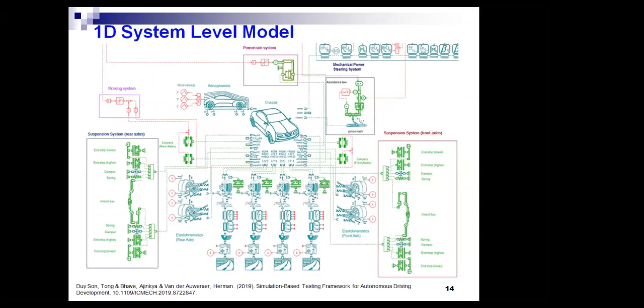So this is one example of 1D modeling of a system, in which every subsystem and every part in the subsystems is modeled, and appropriate inputs are defined for each part and each subsystem, thereby representing a complete product.